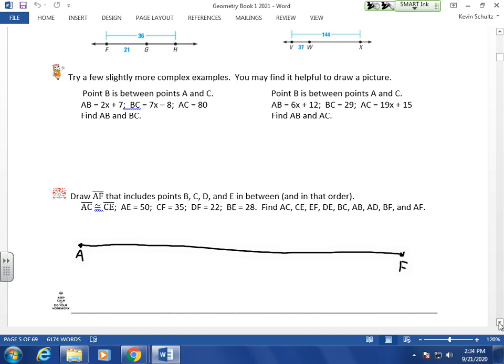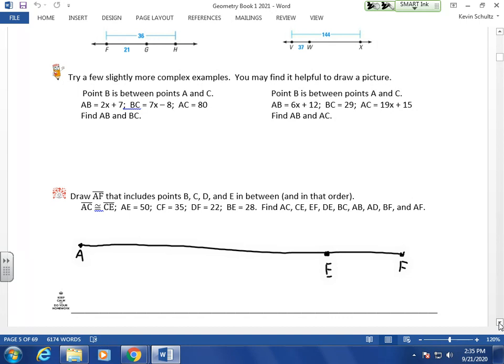So wherever I put point E, which I know is going to be somewhere to the left of point F there, where does point C go? In the same spot as point E? No, not the same spot. Halfway between A and E, right?